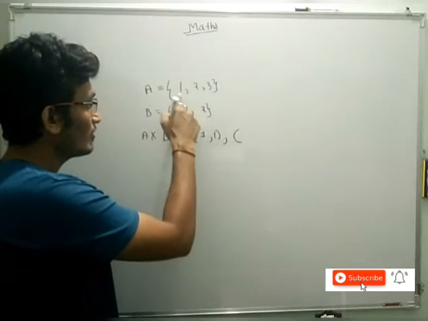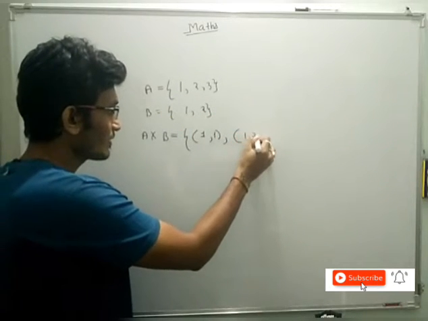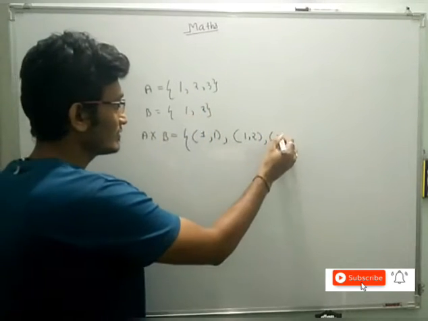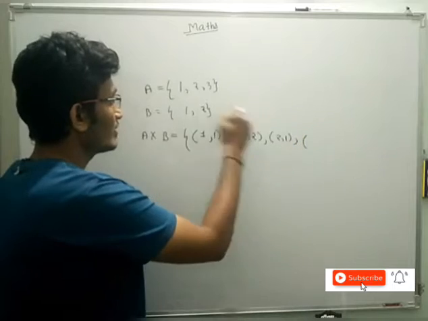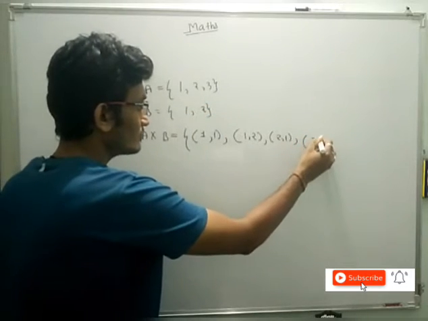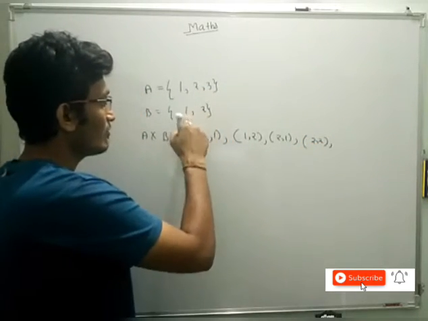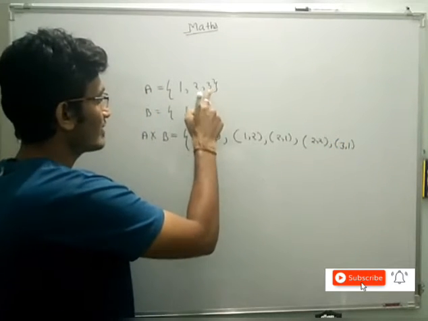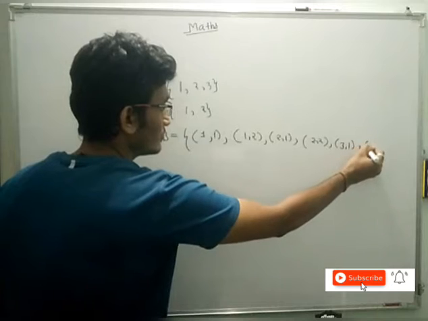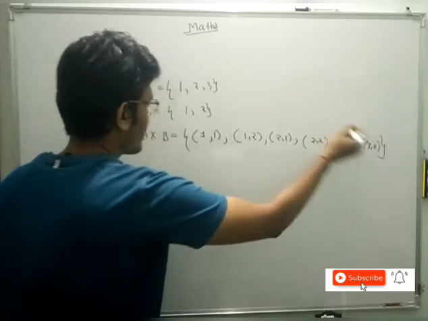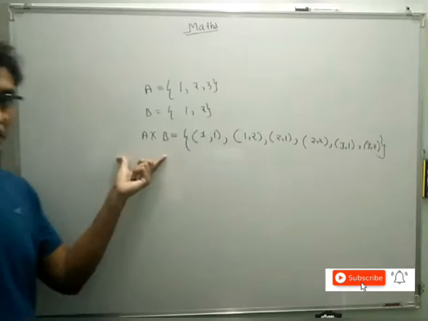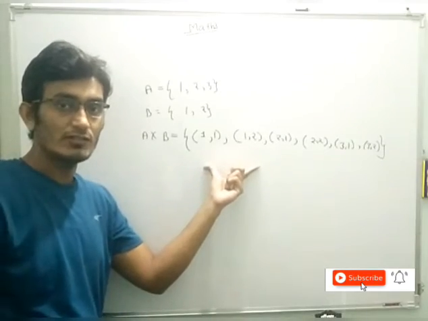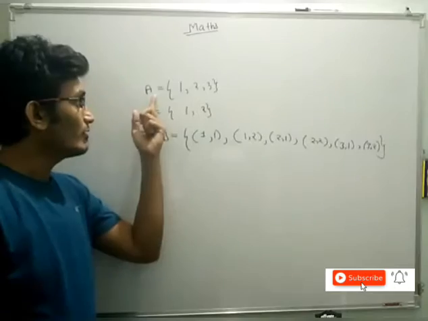Then next will be (1, 2), then (2, 1), (2, 2), (3, 1), then (3, 2). So A cross B is the set of all the ordered pairs of the elements of A and B.